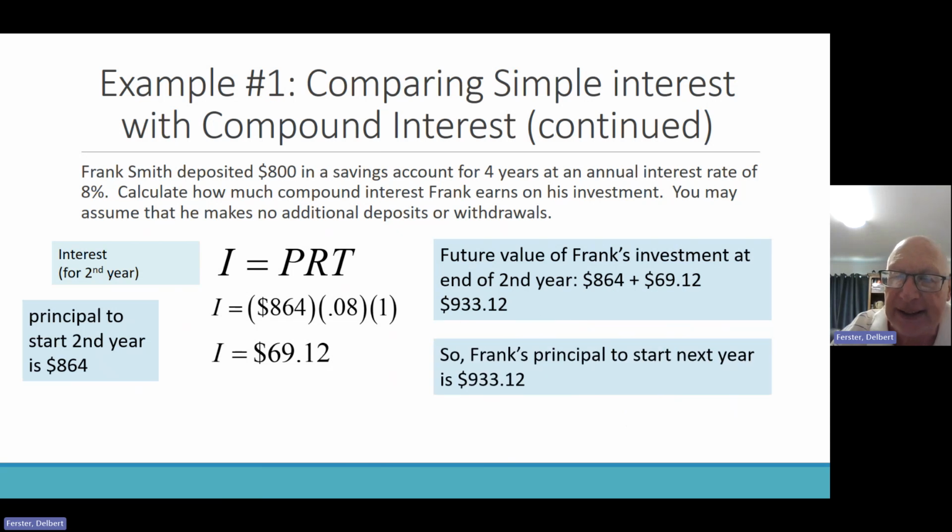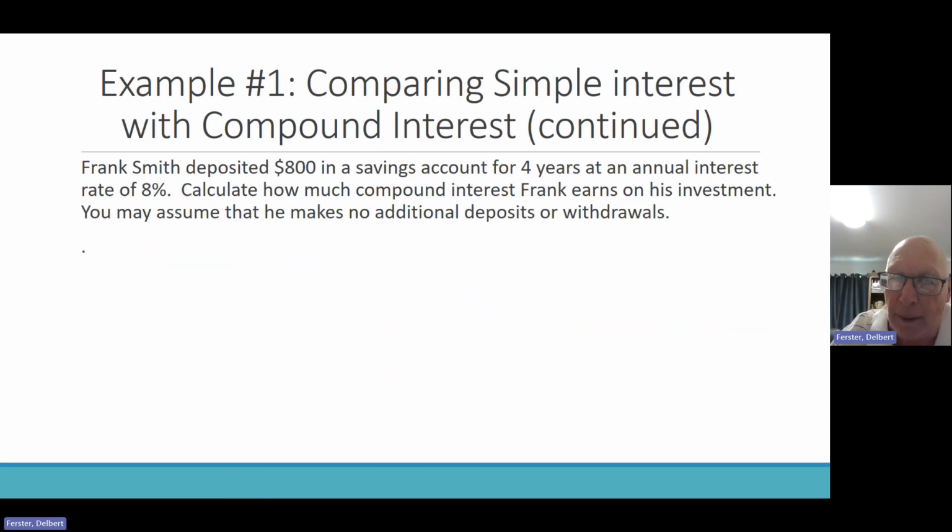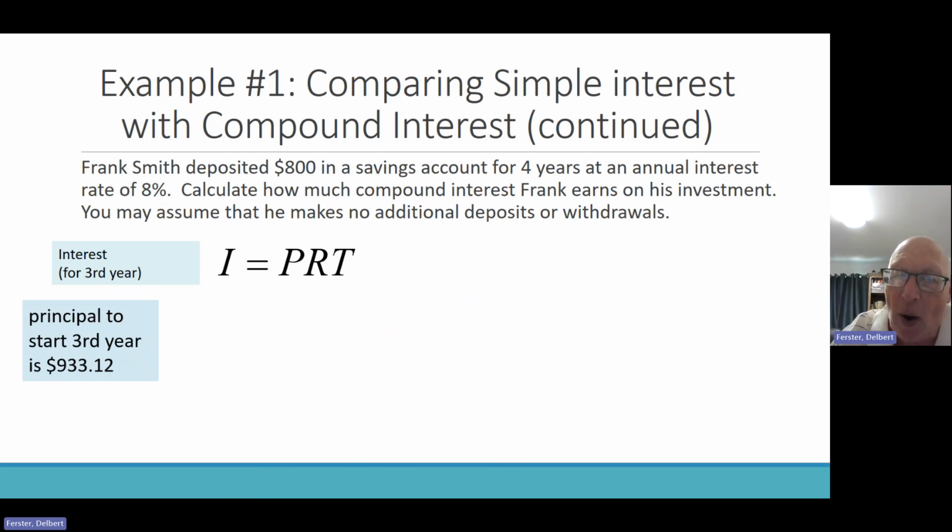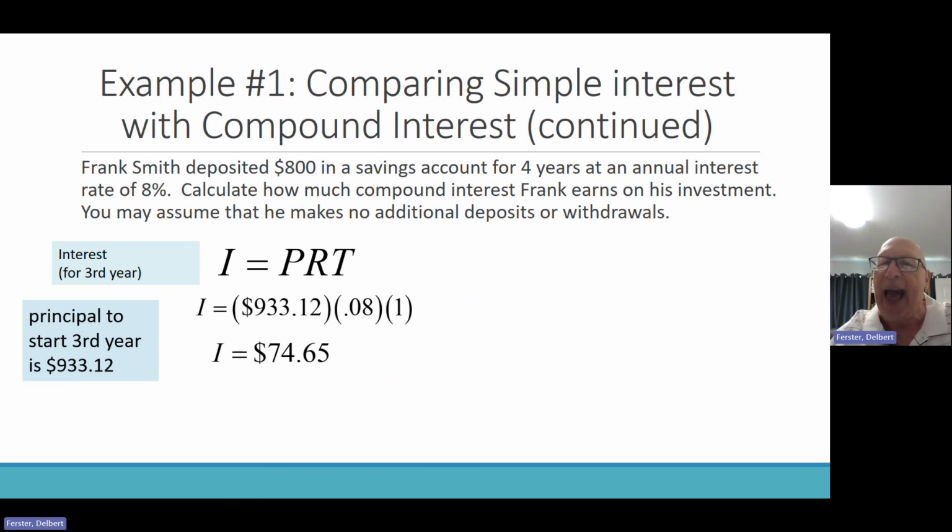All right. That's his principal to start the third year. Same formula. Notice his principal now updates to $933.12. Still 8%. Again, one referencing year three, 1 year of his investment opportunities. So each year, interest is being added in from my man Frank, and it's increasing his principal as we go from year to year.